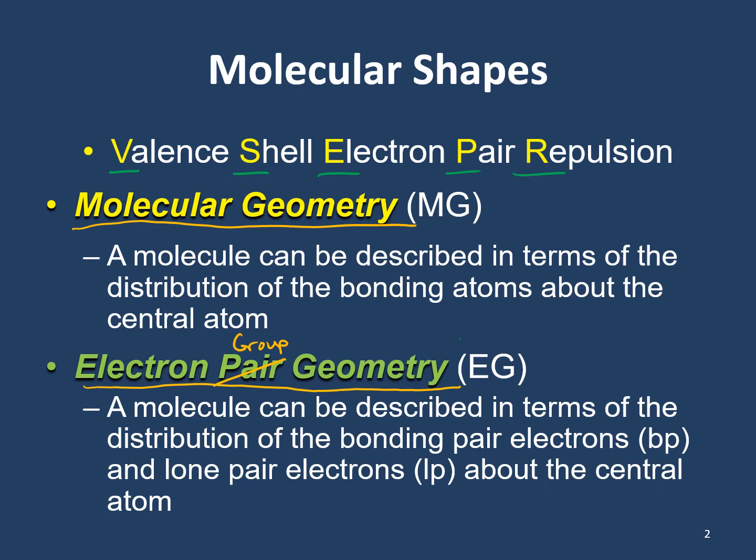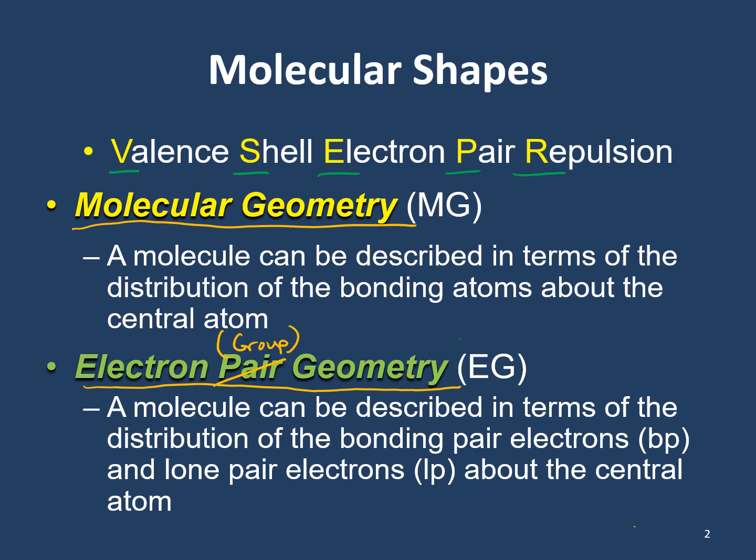There's a reason for why I don't like that word pair. Some textbooks still use the word pair. Some textbooks are starting to change over to this word group, which I think is a much better descriptor as far as the name. So we'll talk about each of these in depth throughout the next couple slides.